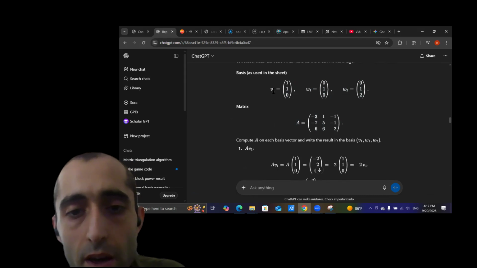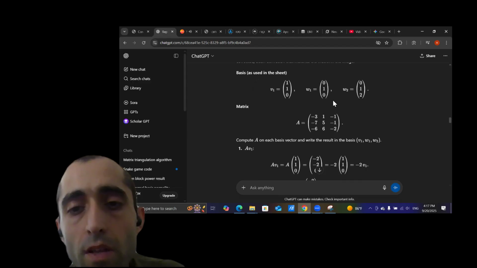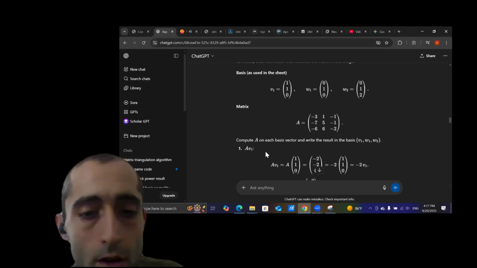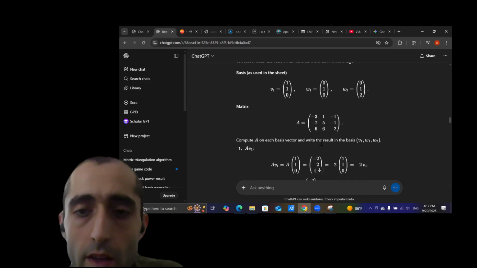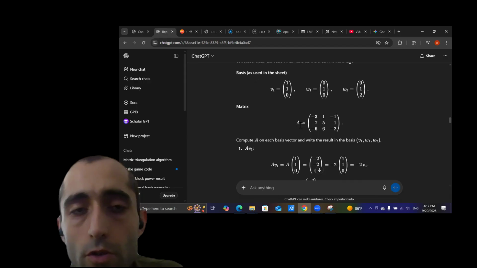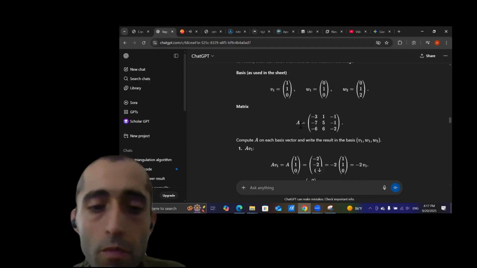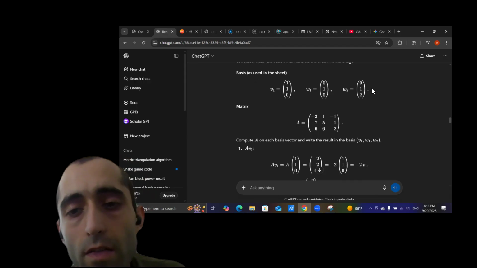So we want this base V1, W1, W2 to be the base in which we represent the matrix A, this matrix over here. So we'll try to see how we can represent this matrix in this base.